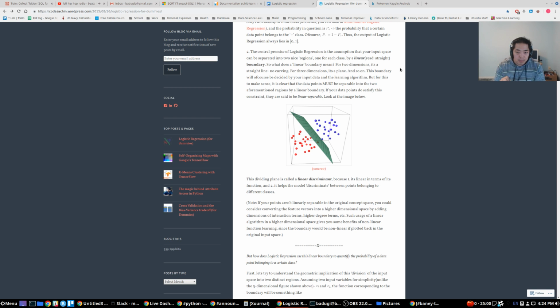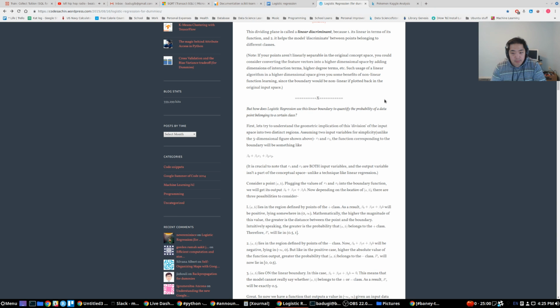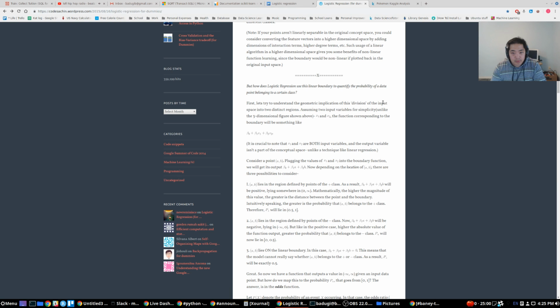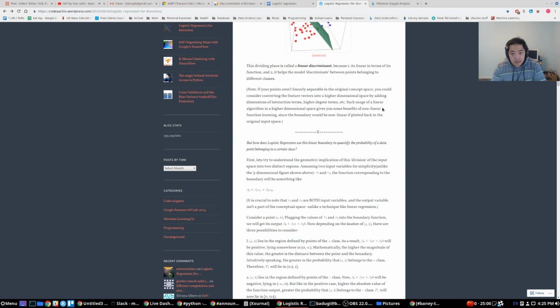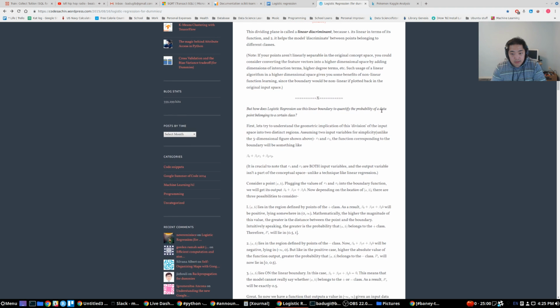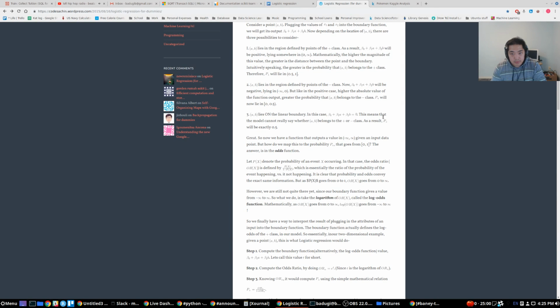And then you have all these data inputs, and you have this thing called the linear boundary line, where it tries to find the separation between the two dichotomous outputs, A and B. The points will always be on one side or the other, or actually on the line, which is exactly 0.5 of the logistic function.